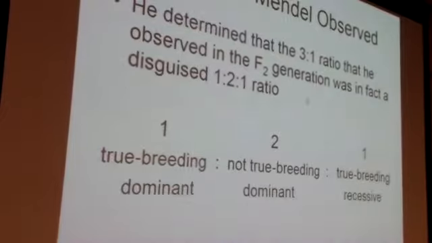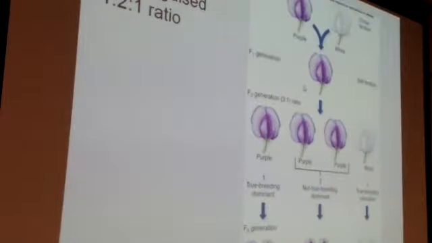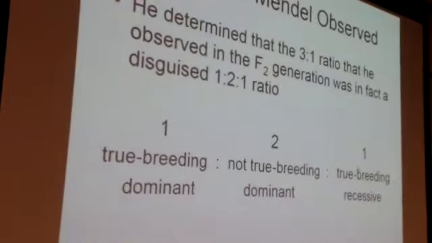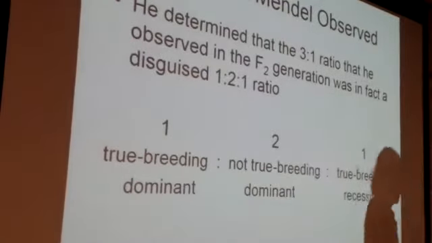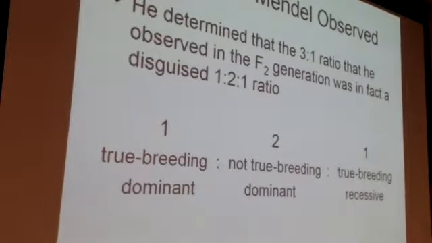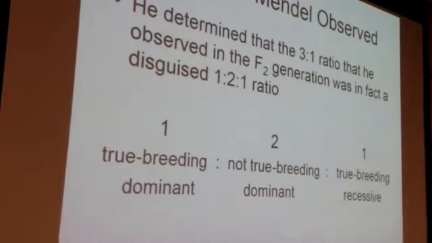Okay, the ratio stuff. What he was doing with this whole setup for any one of those traits was called a monohybrid cross. And that's when he crossed or self-fertilizes the F1s.